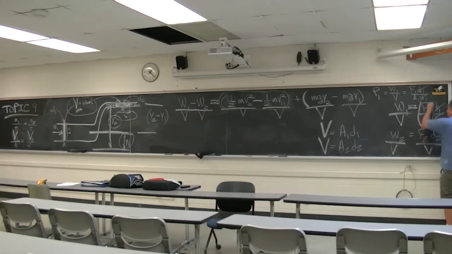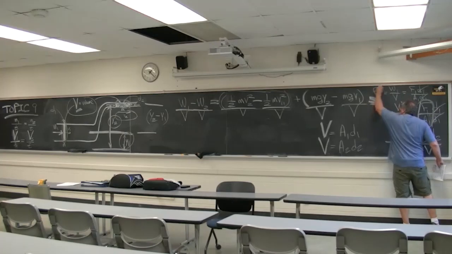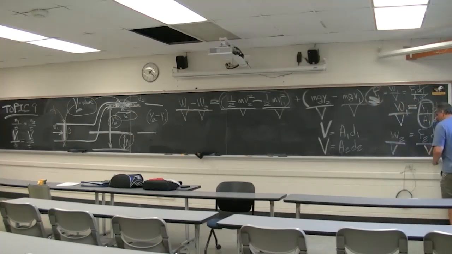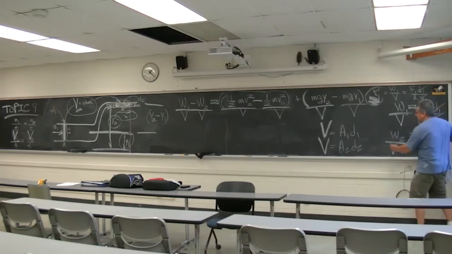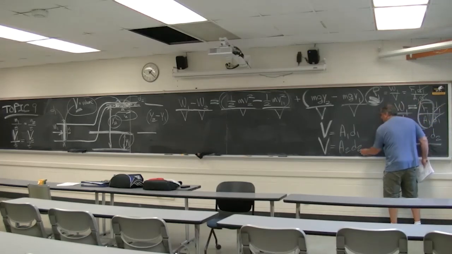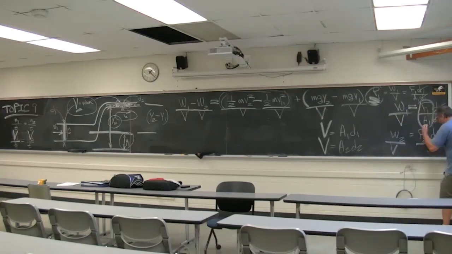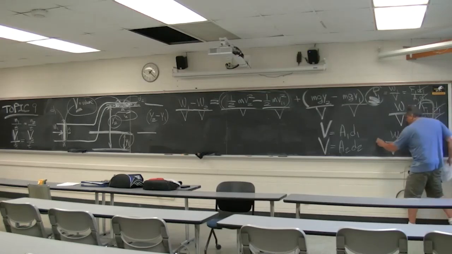Then it just becomes F1 over A1. That's pressure. How about here? V is the same now. They're equal to each other. We did that earlier. This is A2 D2. F2 over A2, that's P2.